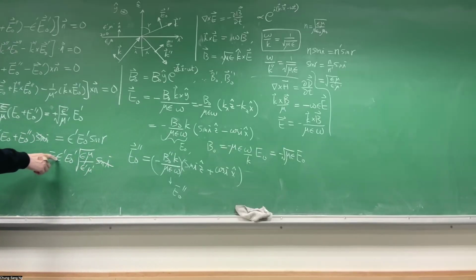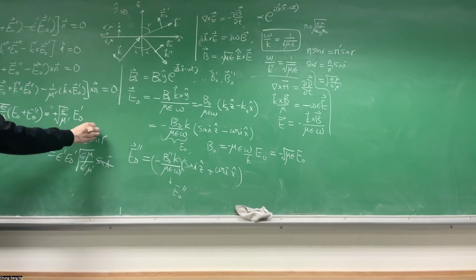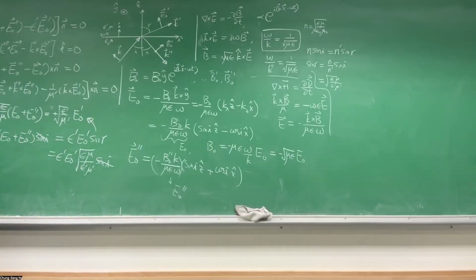And then you have the square root of epsilon, which you can divide, and move this thing to this side, and it becomes the square root of epsilon divided by mu. And the rest is this divided by that, putting epsilon prime in the numerator, epsilon prime divided by mu prime. So this we covered; it is just the same. So number one didn't give you an independent solution.